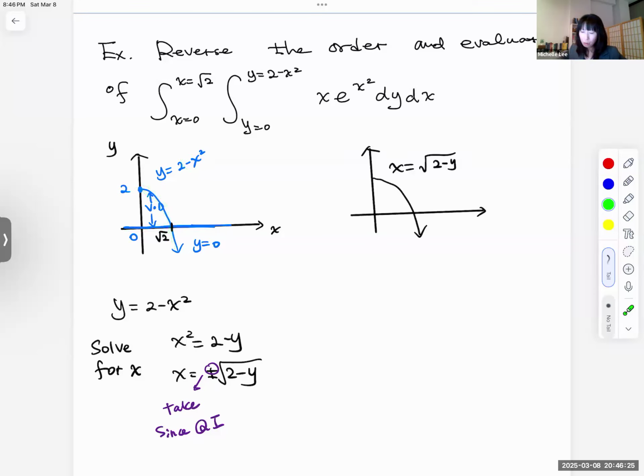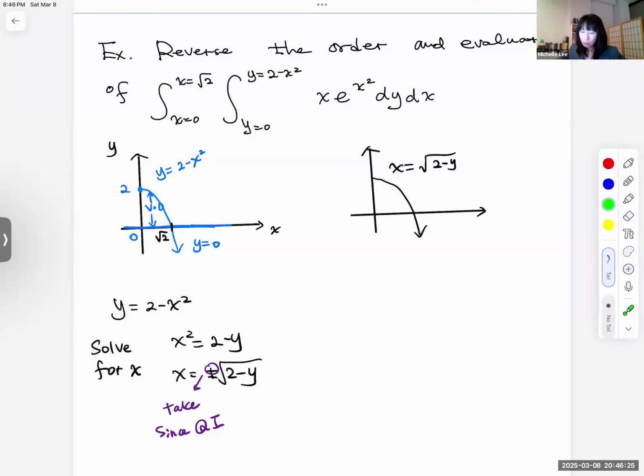But then let's take a look this way. When x equal to 0, we had that earlier, right? Then 0 equals the square root of 2 minus y. Then what will y be? y will be 2, right? So y is 2.